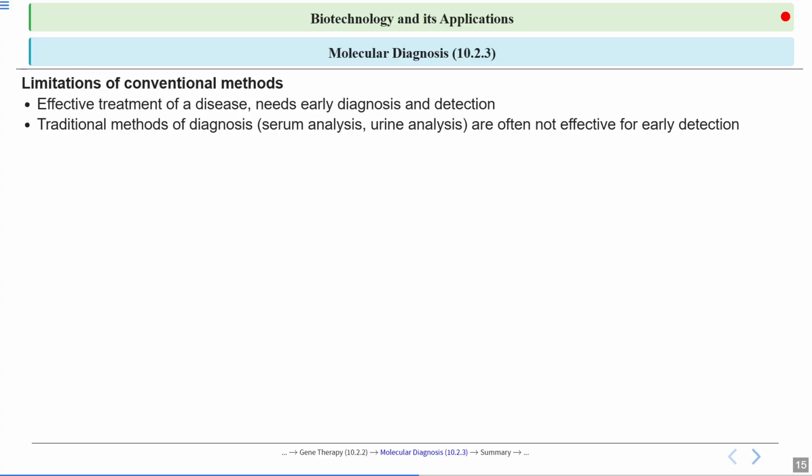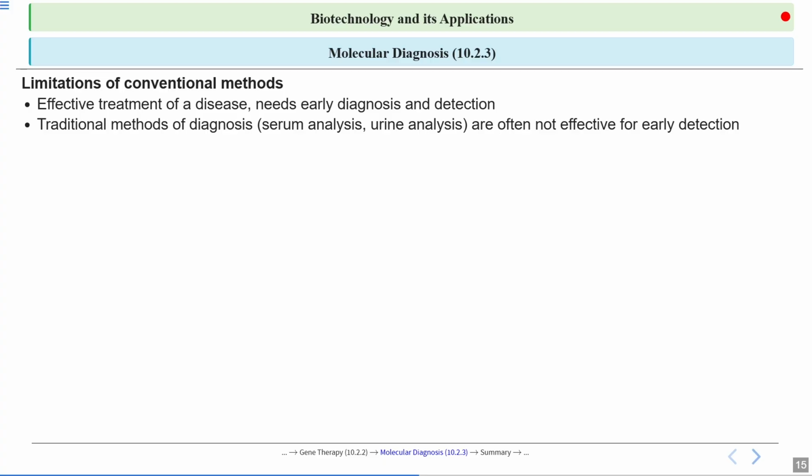Traditional methods of diagnosis, which include serum analysis and urine analysis, are often not effective for early detection. So, what happens? When a pathogen goes inside a body, it's not like in a moment it will start dividing so fast and we can see a lot of symptoms.